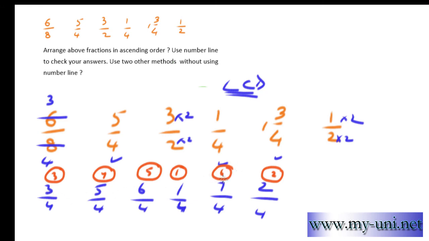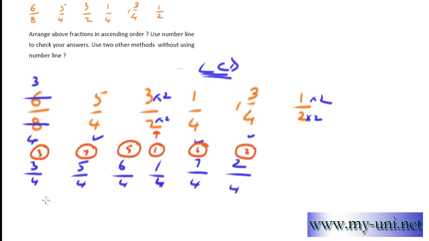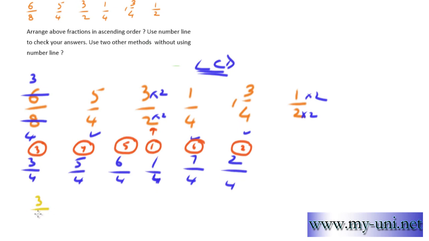Okay, so number 1 is 3 over 2. You have to remember, you have to write the original fractions, not these ones. So the smallest fraction is 3 over 2. The second one is 2 over 4, which is this one, 1 over 2. Number 3 is this one, which is 6 over 8.